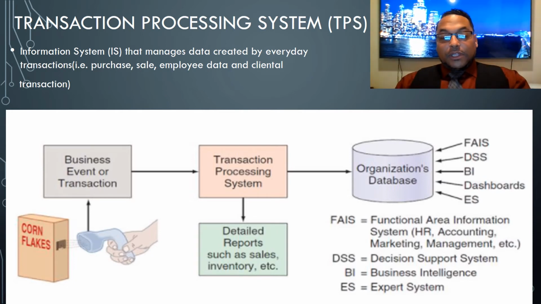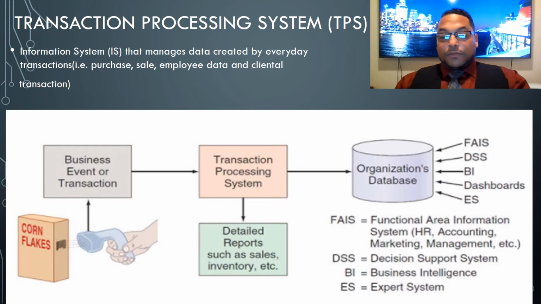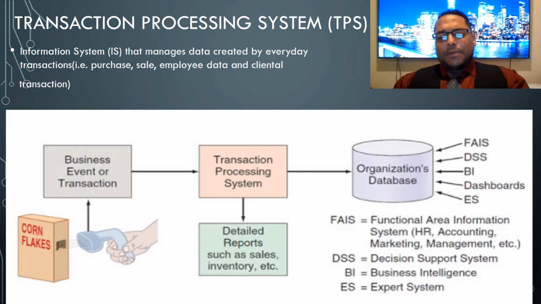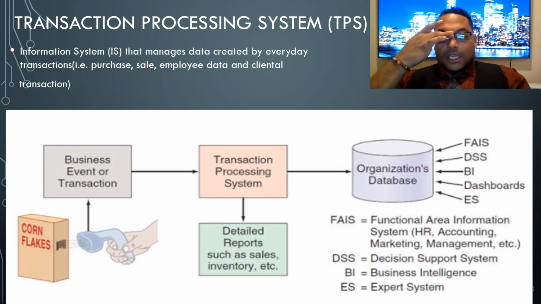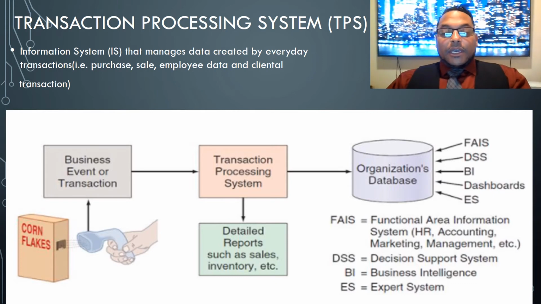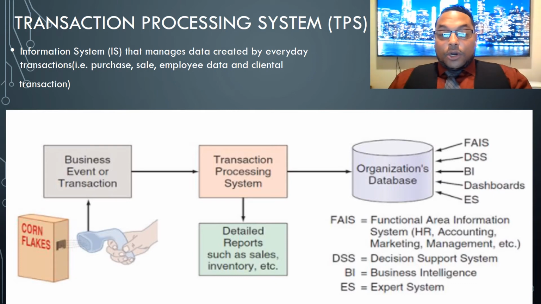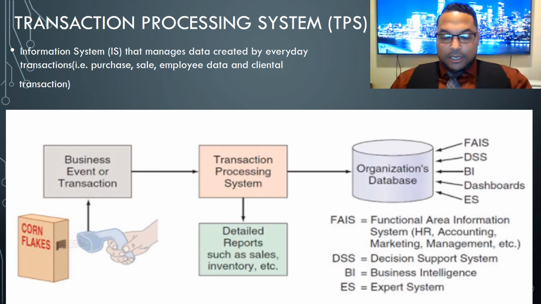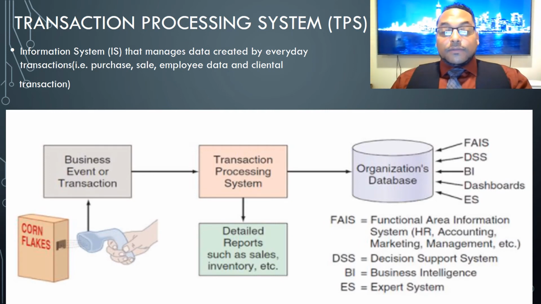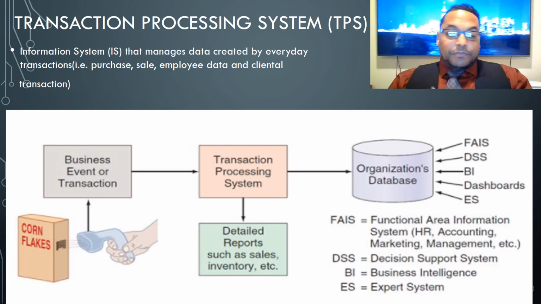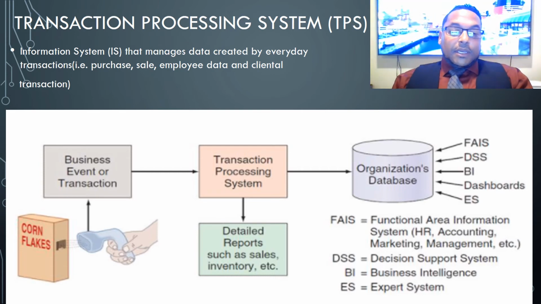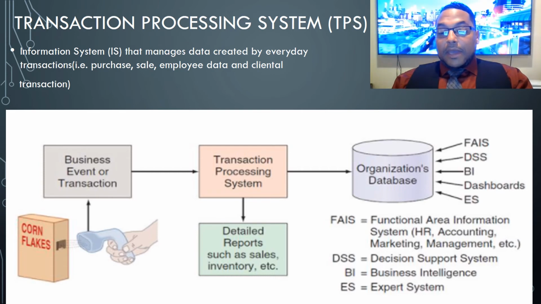So to the far left, we have a box of cornflakes. Now, it doesn't have to be a box of cornflakes. It could be whatever initiative your organization is seeking to achieve. For a healthcare company, it's healthcare. Maybe they have a managed care plan.